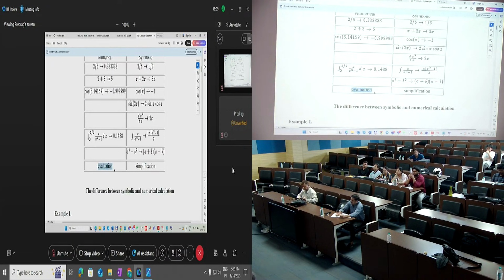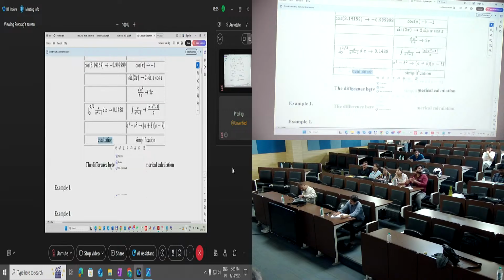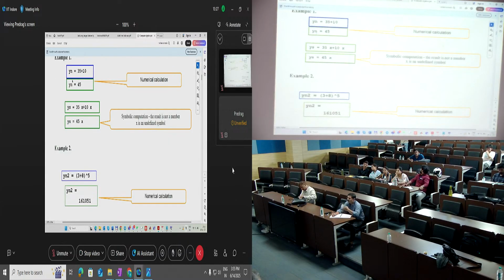Numerical calculation performs evaluation. Symbolic computation performs simplification. Here are several other differences between numerical and symbolic calculation. Here is the sum of two integers. The result is an integer.